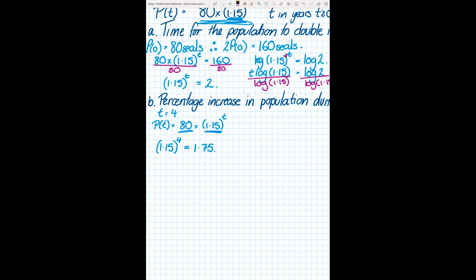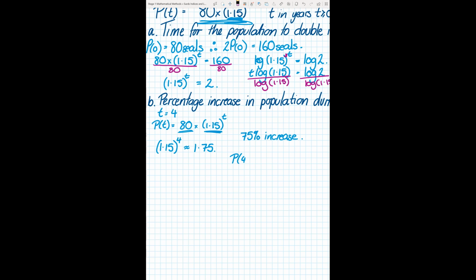Now we said before 1.15 is a 15% increase. So 1.75 gives us a 75% increase, because we would now multiply to get the final population.